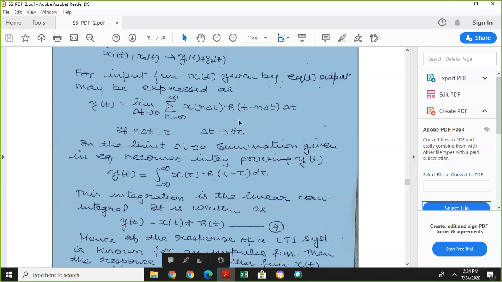This is the impulse response of the LTI system. So this is the output for the impulse input.